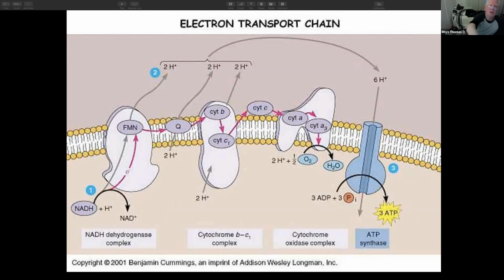You can see the various places where the hydrogen ions get ejected, and then towards the end, this is where the oxidative bit comes in: oxygen comes in and gets reduced into water.